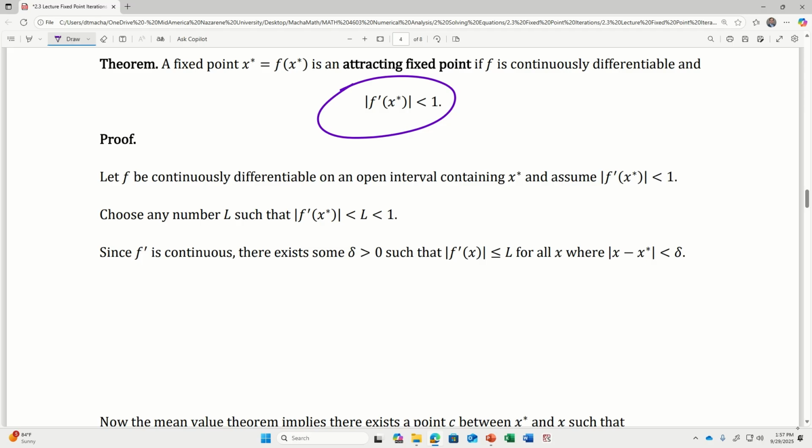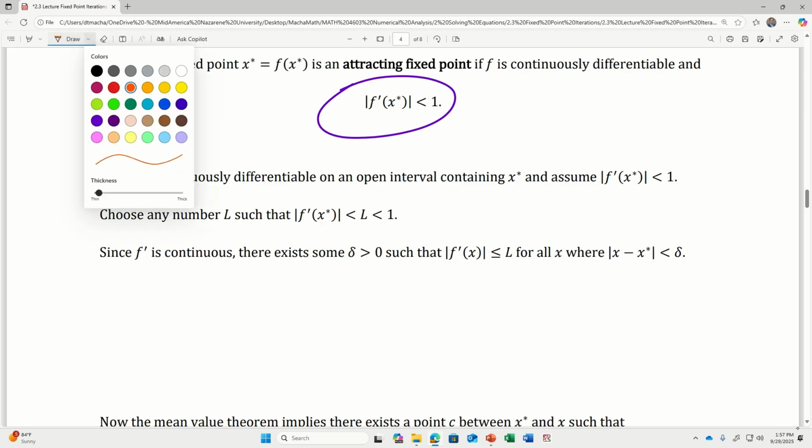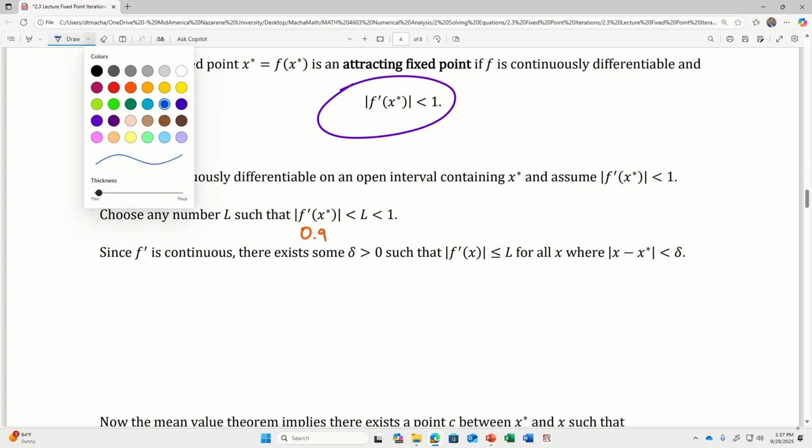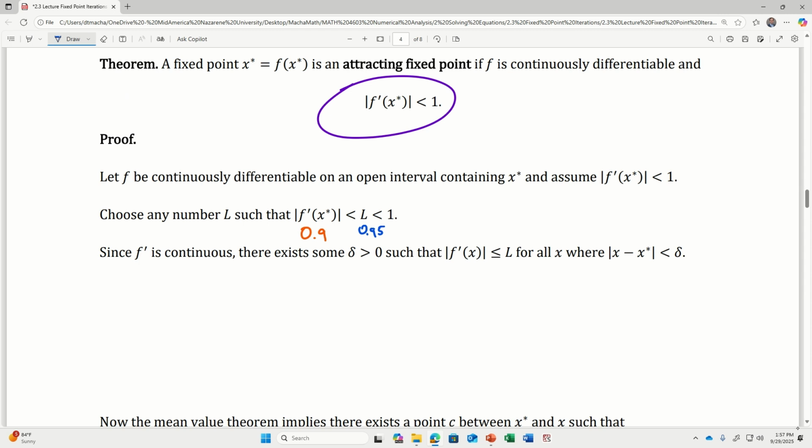So if this is a value like 0.9, then my capital L could be a number like 0.95, for example, because it has to be less than 1 and greater than that.